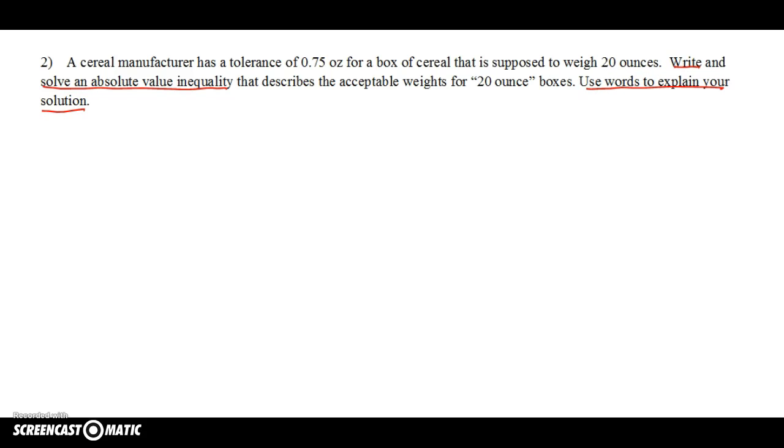The phrasing of this is a little different. What does it mean to have a tolerance of 0.75? It means that that's how far off you can be, plus or minus. So, when we are setting up the absolute value, it could be off by 0.75. It can't be off by 2 ounces, but by 0.75 ounces, that's okay.